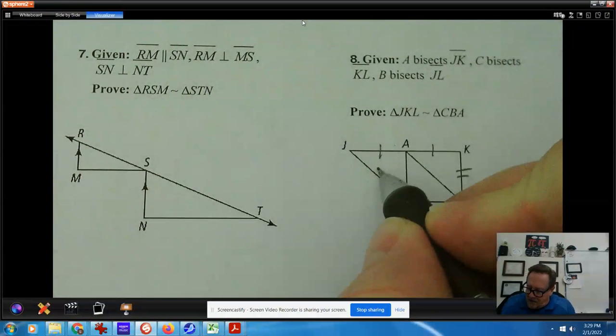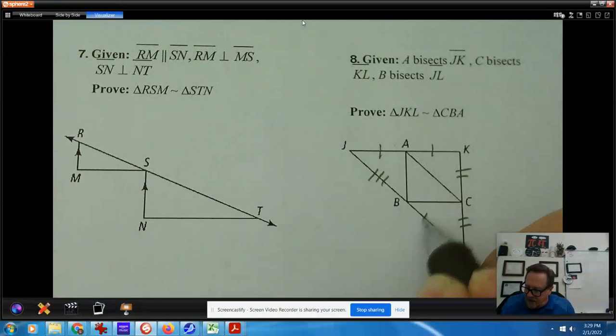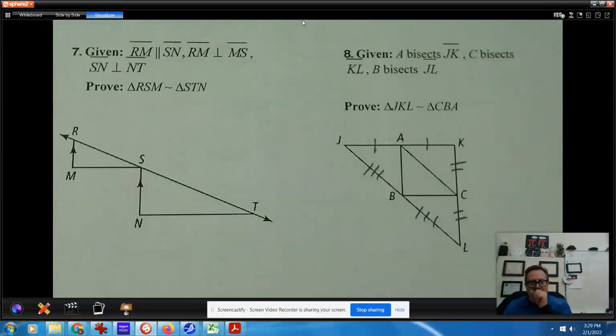So that tells us that this segment and this segment are the same. And then it says, can you show that JKL, that's the big triangle, is similar to CBA? Well, I don't know. Let's find out.